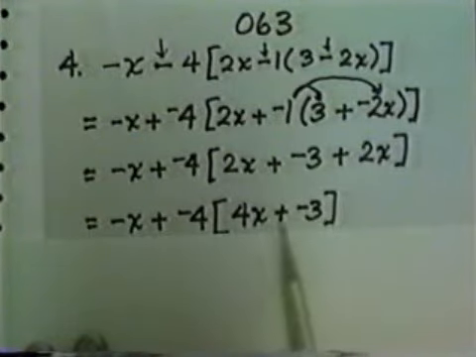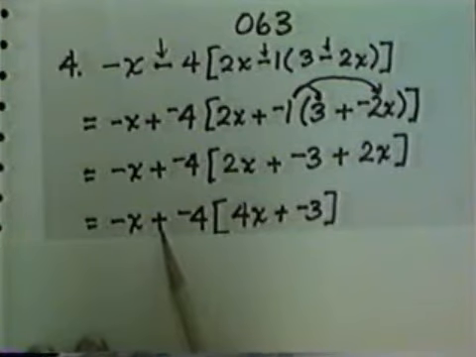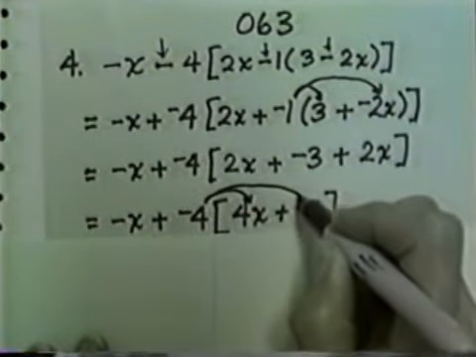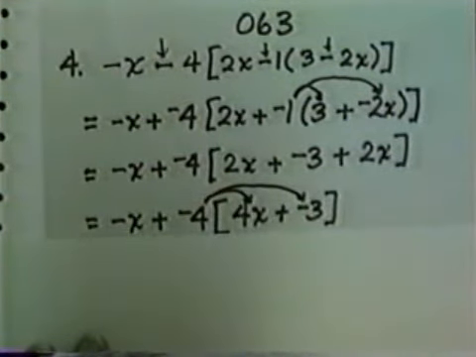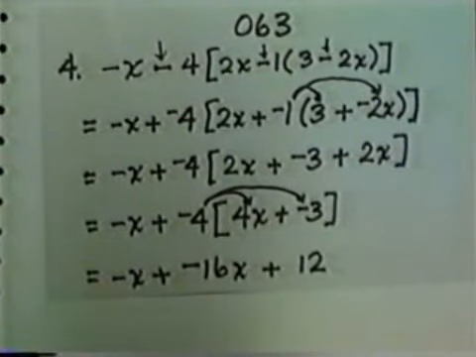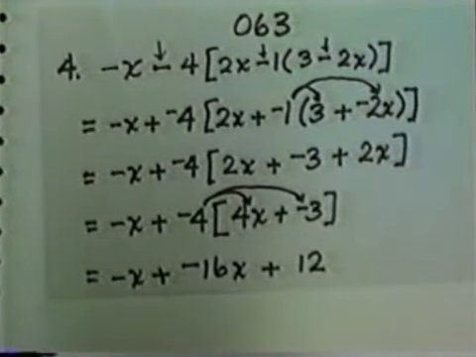We finished simplifying what's in brackets, and so we go back and read through the problem to see what's present. We have add and multiply. Once again, the order of operations tells us to multiply. We'll multiply -4 times 4x and -4 times -3, and that gives us minus x plus -16x plus 12.